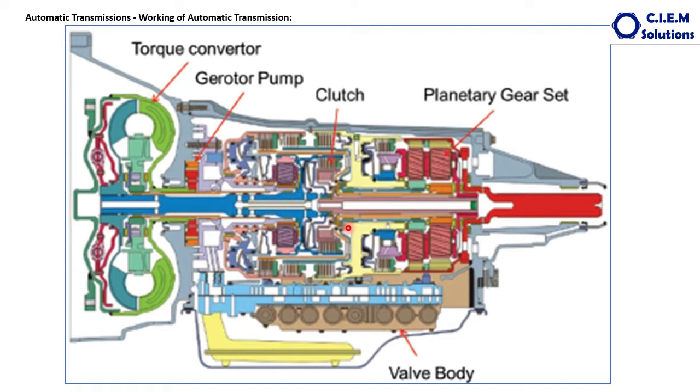There you need to press the clutch and select the required gear manually, whether downshift or upshift. Whereas in an automatic transmission, the gear shifting occurs automatically based on various factors like the load at the output shaft and also the engine speed. How this automatic gear shifting takes place, we will discuss in this video.